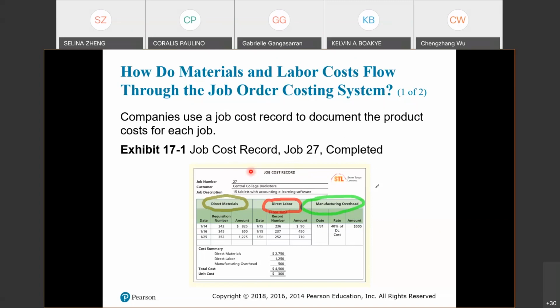Costs are accumulated when the company purchases new materials, incurs direct labor, and incurs manufacturing overhead.